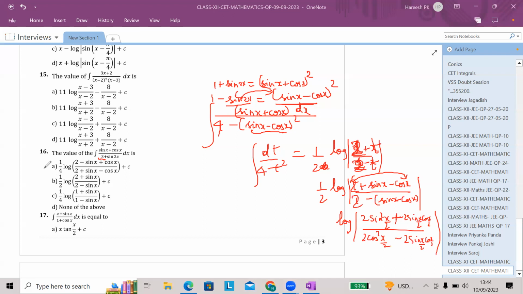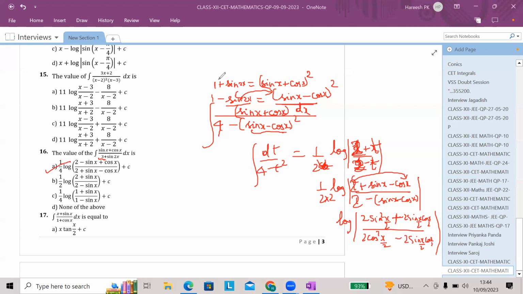So it is option A, right? Is it option A? 1 by 2a, so 1 by 4 log of mod a plus x by a minus x. Or is it none of these?